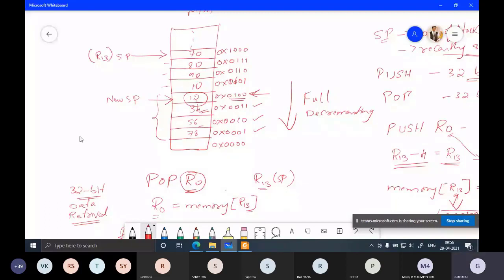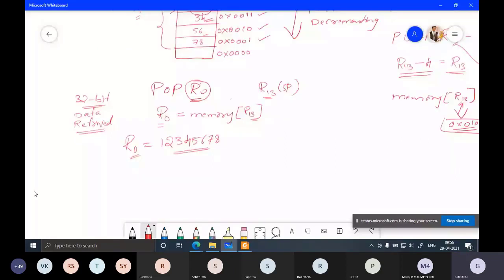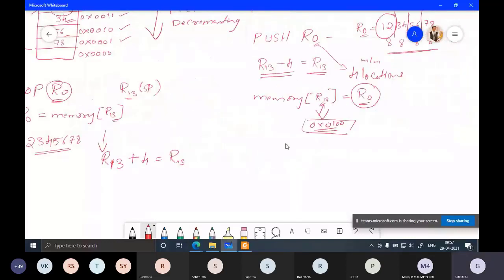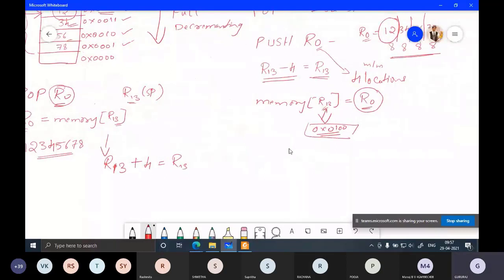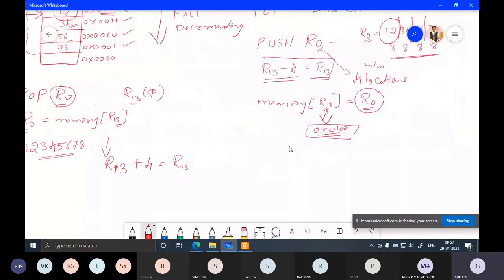Then what will happen is, after storing the data, the next operation that will be done is the reverse of the push operation, which is R13 will be incremented by 4. Previously in PUSH it was decremented by 4, but now it is incremented by 4.